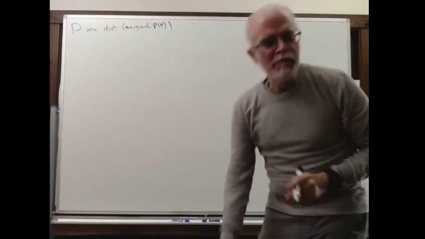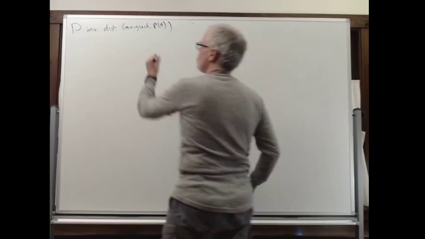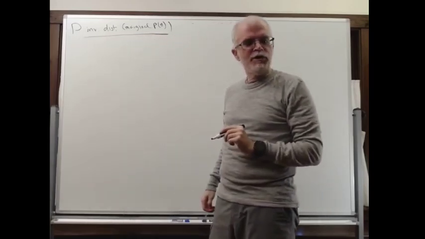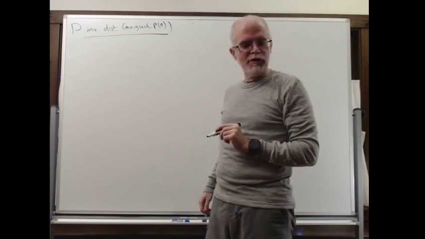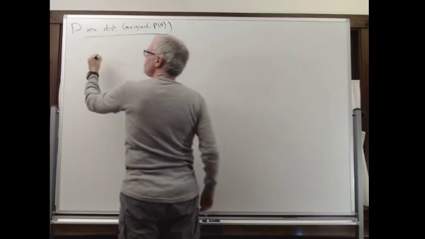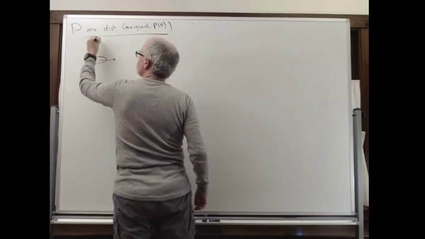Okay, so now I want to ask another question you can ask about a system like this. Once you have this stochastic description, you can ask about the so-called reversal time of this microswimmer. So what is the mean reversal time?